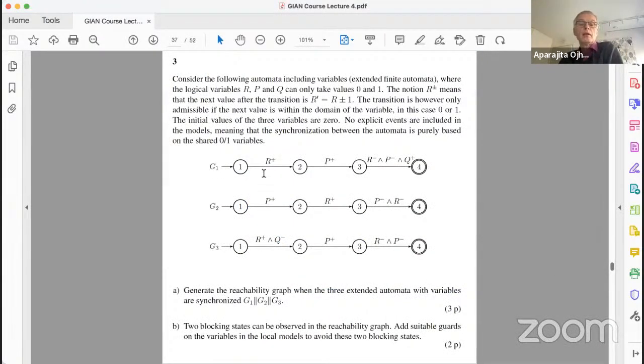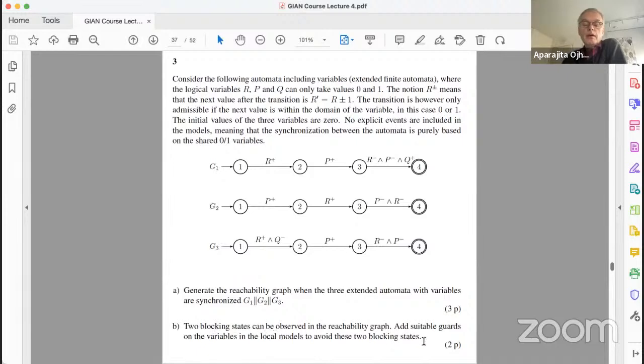First, I explain a little bit on this R plus and P plus. And then I say that you should generate a reachability graph given these three extended automata with variables. And in this case, there is a blocking situation. Actually, there are two blocking states that can be observed.